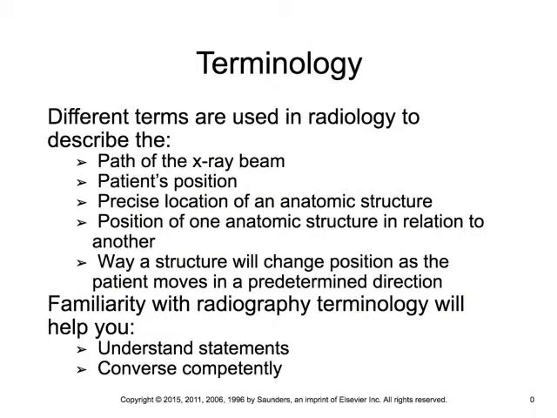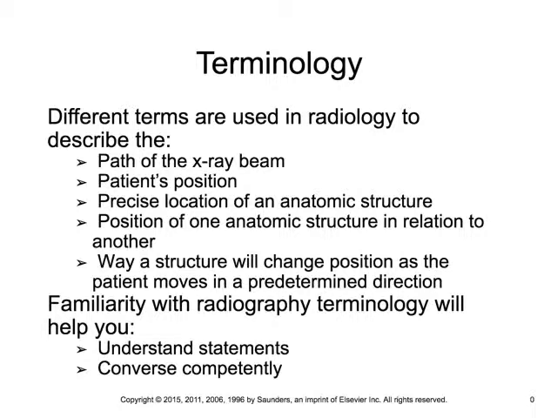It is important to use proper terminology when we're discussing radiographs, both with the technologist and especially with any physicians that we might be discussing them with. We want to appropriately describe all the terms related to the path of the X-ray beam and patient's position, such as whether they're in the oblique position or upright or recumbent.